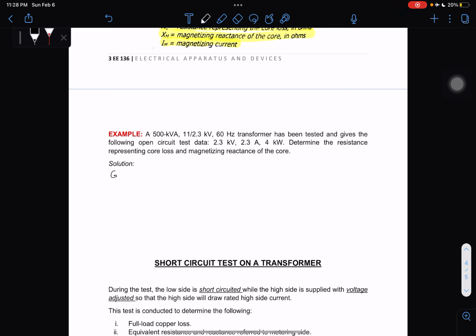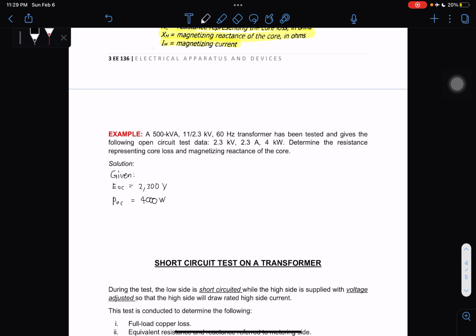Syempre, we need to write our given sa atong problem para ma-analyze nato. So naghatag siya EOC rather, so we have 2,300 volts. And our POC sa atong problem is 4,000 watts, the wattmeter.